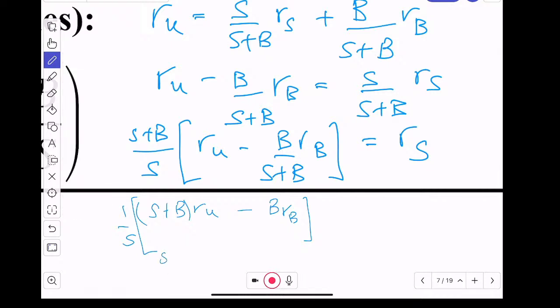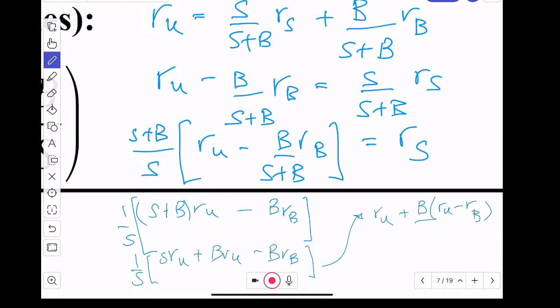So this will be SRU plus BRU minus BRB with an S in the front. And now I can group my terms because this S over here will cancel with the S down there, but there's still an S over here, so that goes there.